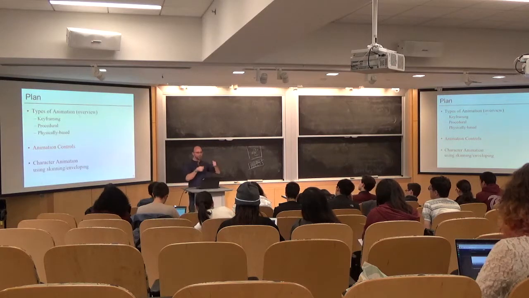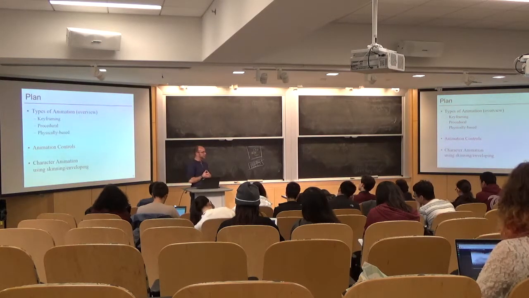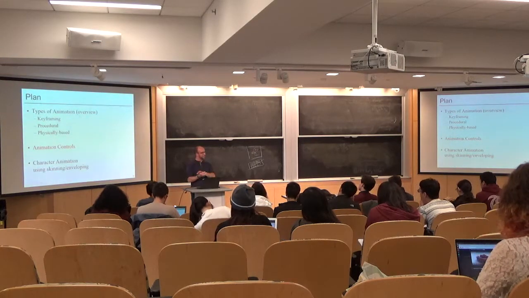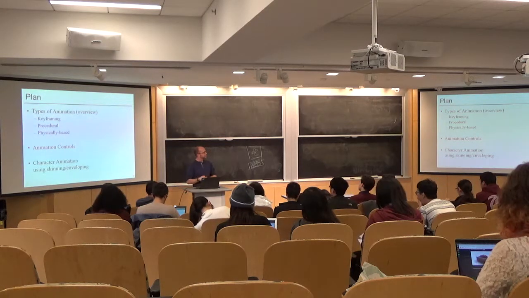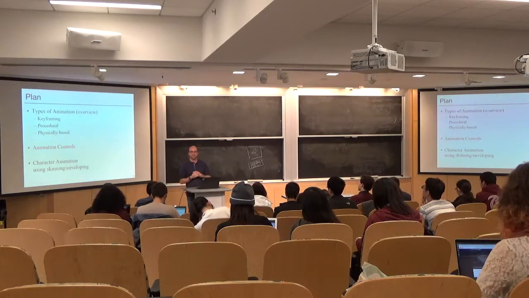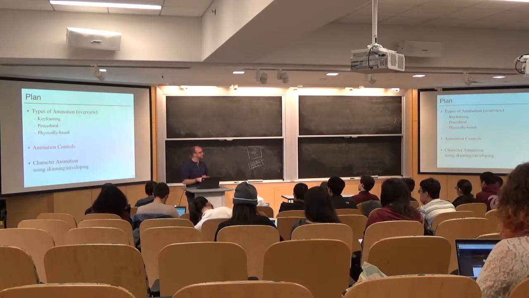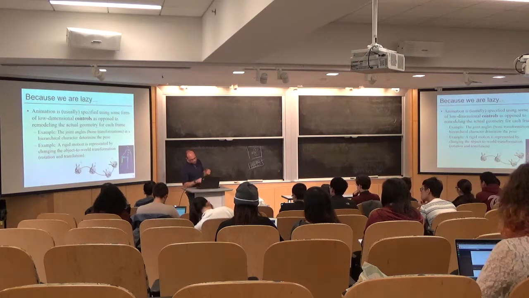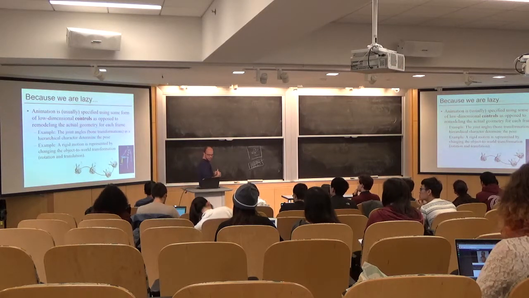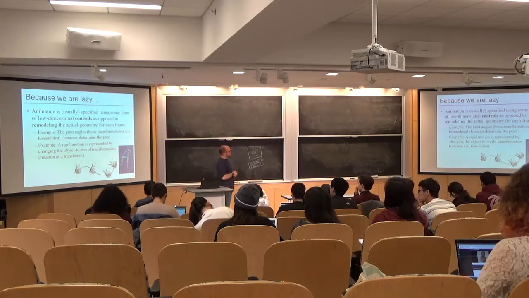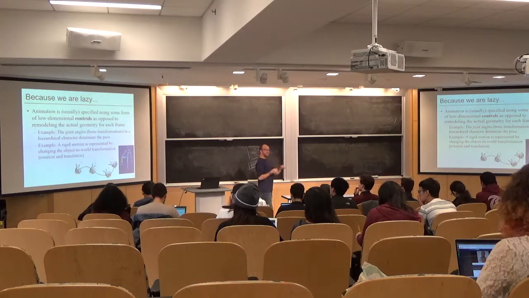There's all these different push-pulls between different levels of detail that have to happen in a system like this. And carefully transitioning between those is something that continues to be studied to this day, and really depends on the artist, the task, and so on. But because we're typically pretty lazy, animation really is controlled by a few low-dimensional knobs. And we've already seen that in the previous lecture.